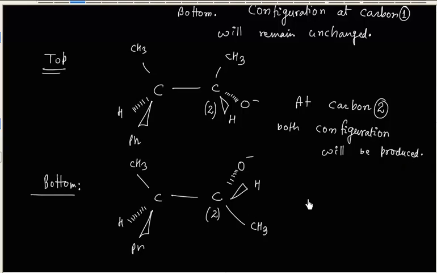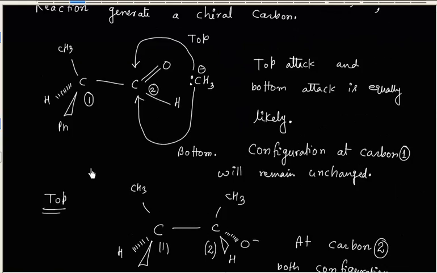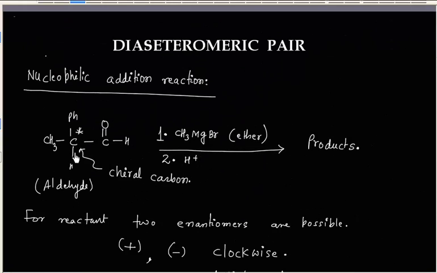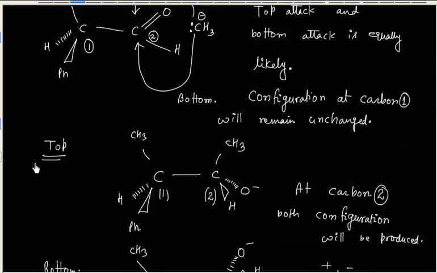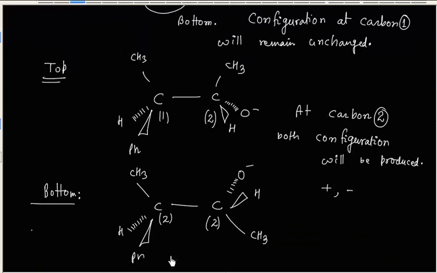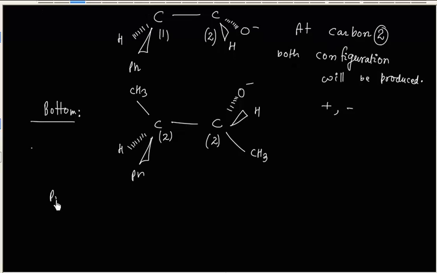That is plus as well as minus both. So if I say for example this is plus, then this will be the minus. But at carbon number 1, whatever we have initially, it will remain unchanged. For example, if I have a plus, then it will remain plus. So if I initially take plus configuration of this compound, finally I will have plus configuration. So basically the product is a mixture of diastereomers.